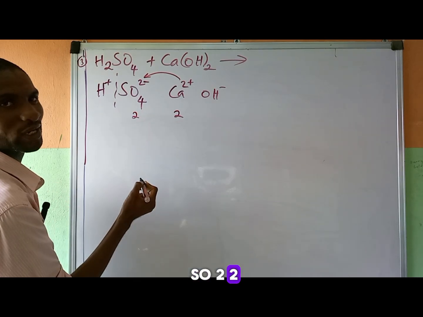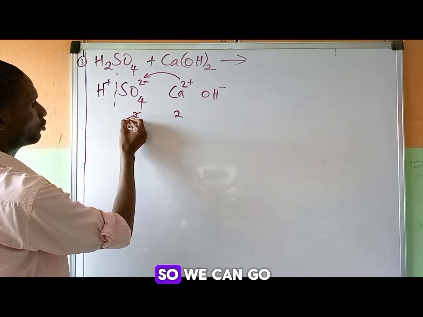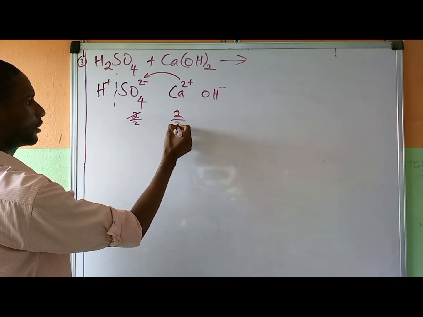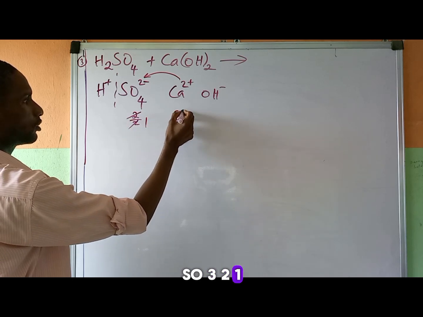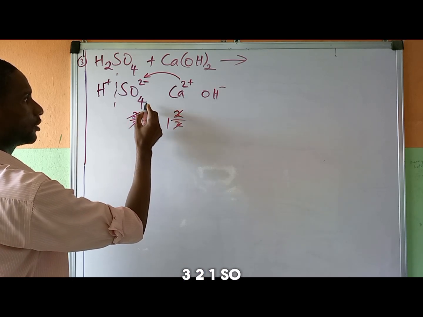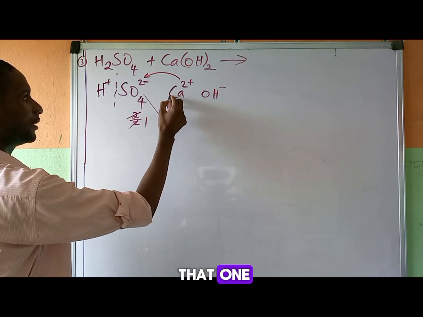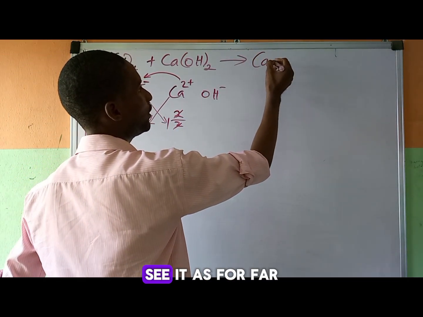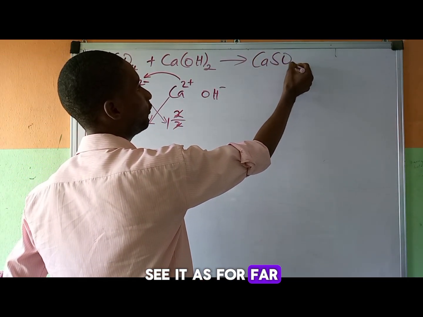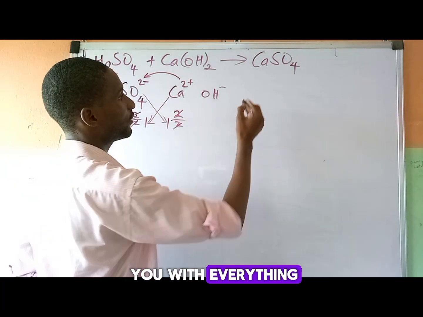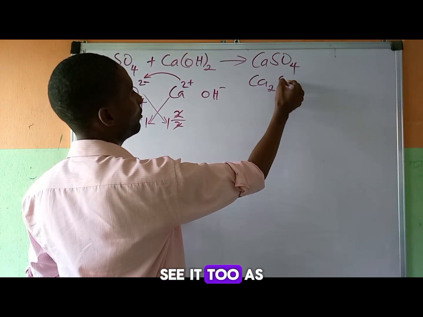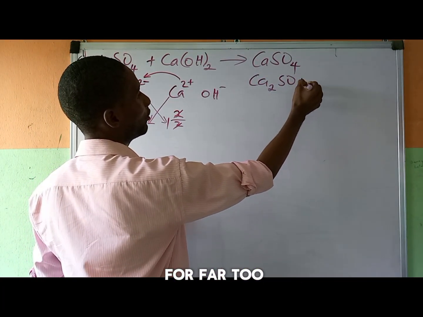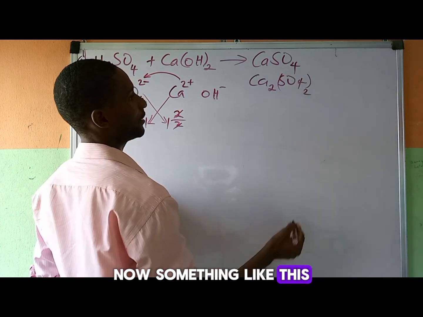So 2, 2. Can any value go into these 2? 2 can go into it. So 2 into 1, 2 into 1. So I have SO4 1, Ca1. So my product is going to be CaSO4. I know some of you would have written Ca2SO4 2 or something like this.